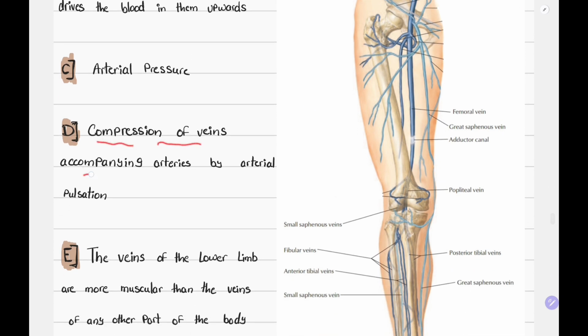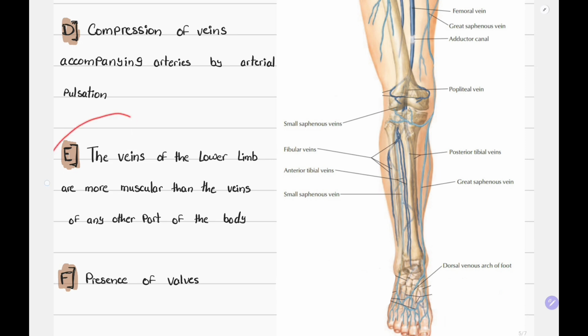Compression of the veins accompanying arteries by arterial pulsation. As I've already discussed with you, the accompanying arteries and their pulsation will compress the veins, and that will push the venous blood back to the heart.